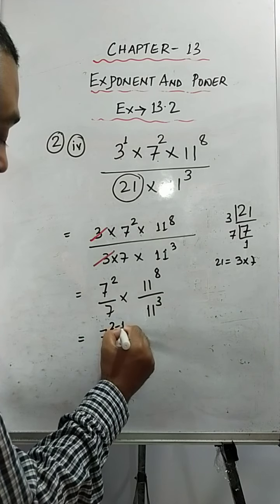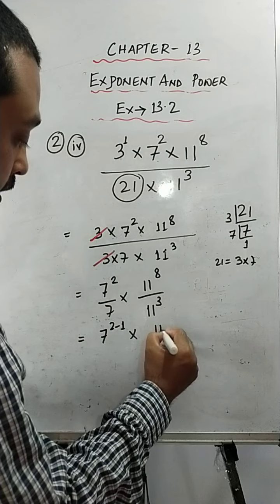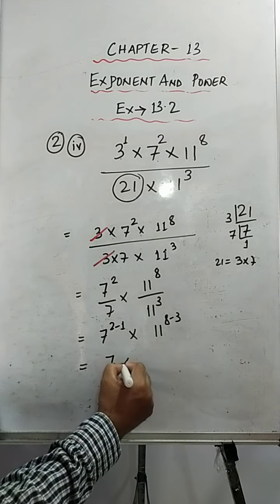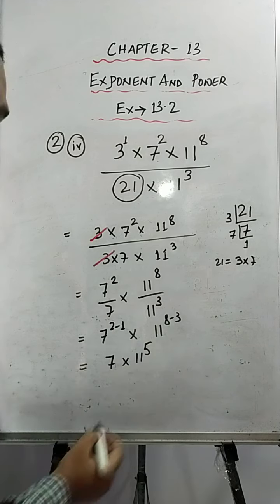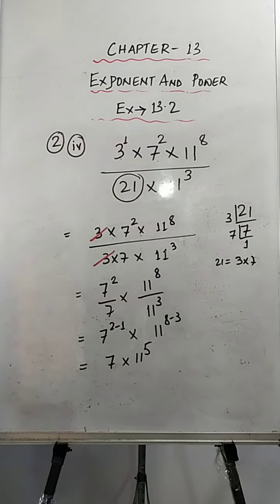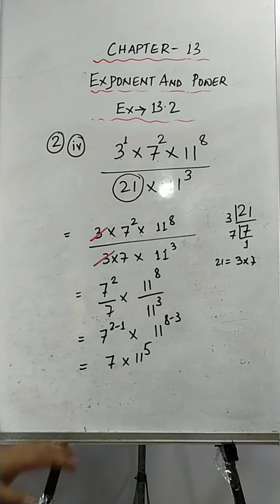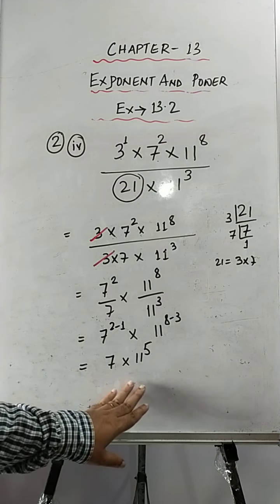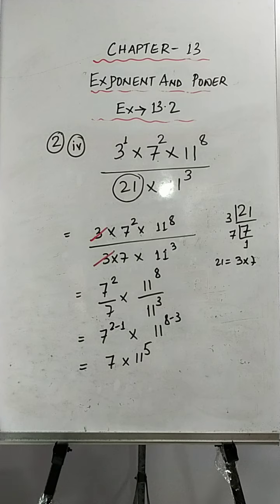So 2 minus 1, same thing with this, 8 minus 3, we subtract the powers, so the answer would be 7 into 11 to the power 5. 8 minus 3 is 5. We have to give our answer in the exponential form. So the final answer of sum number 4 is 7 into 11 to the power 5.